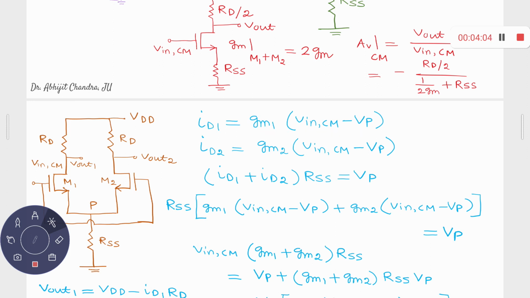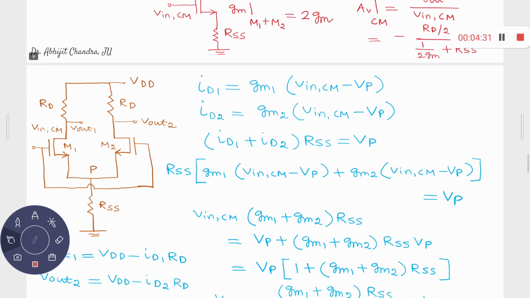Similarly, ID2 equals Gm2 times (Vin,CM minus Vp). Their summation, ID1 plus ID2, is equal to the current ISS, and ISS times RSS is equal to Vp. So you have two equations, and from these you can find the relation between Vin,CM and Vp.